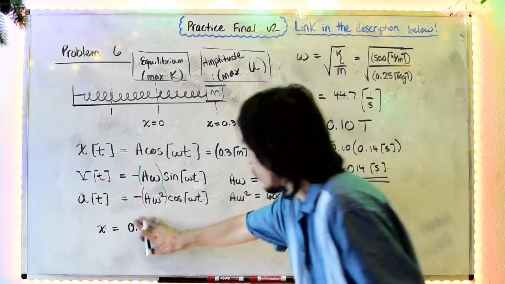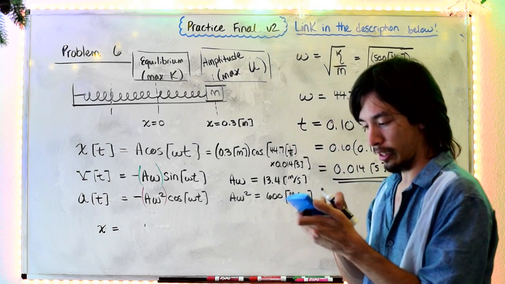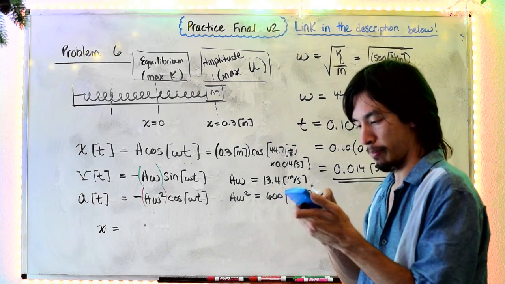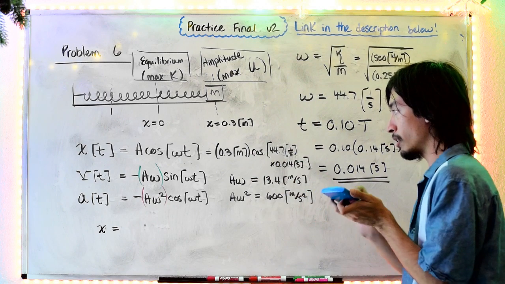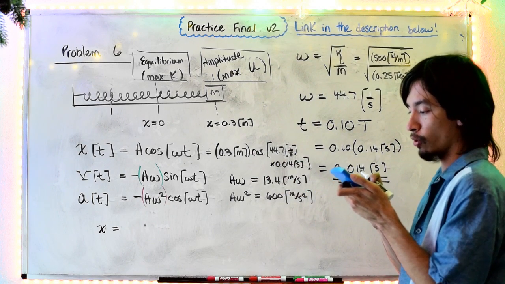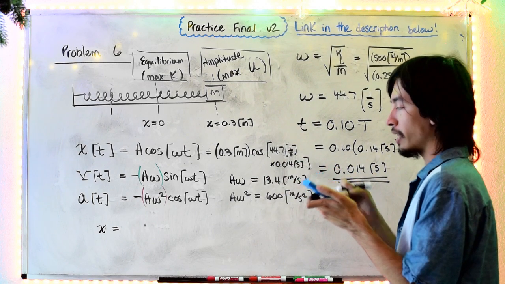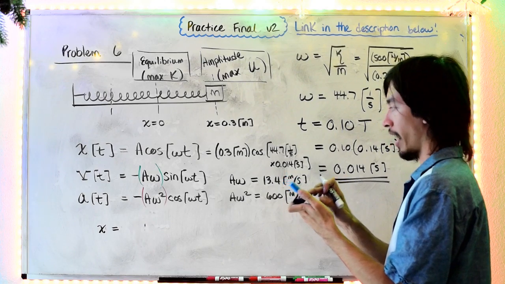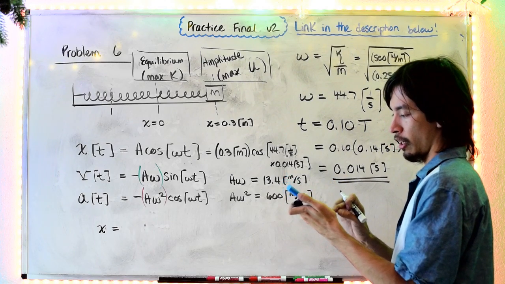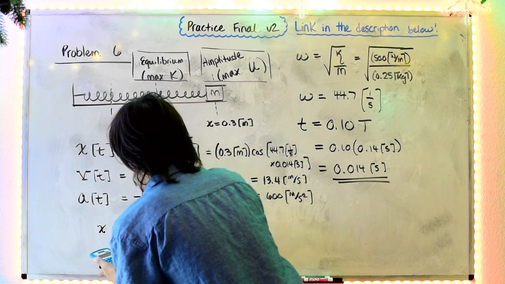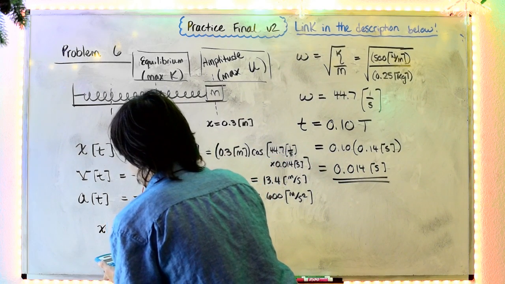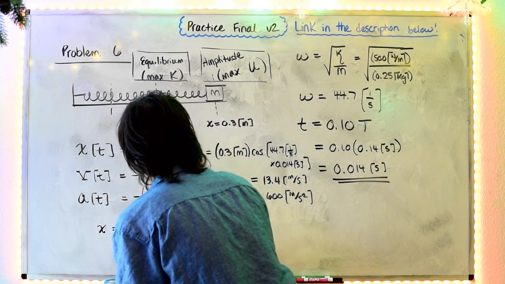So when you put your calculator in radian mode, which is the proper units of this, and you take the cosine of it, then you get the correct answer, which is 81% of 0.3. You get 0.24 meters.